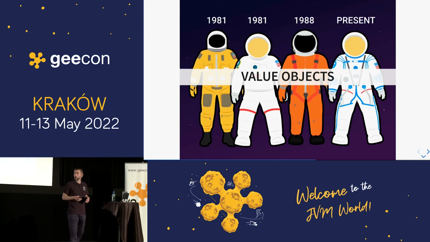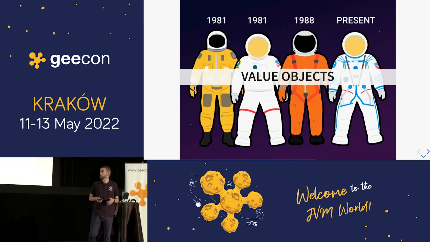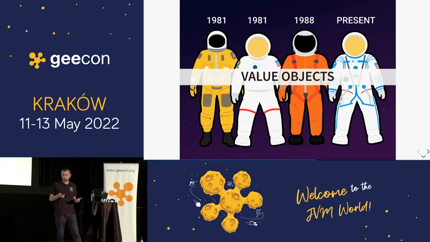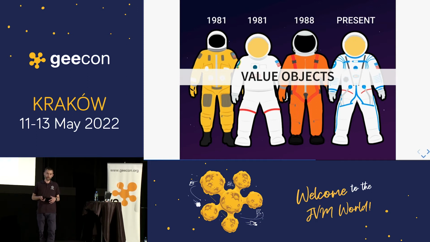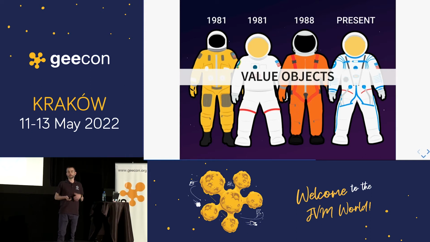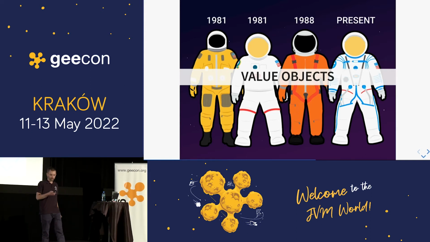Like in this picture, here we don't know who these people are. They don't have faces, they don't have name plates. So every orange guy here is the same for us, like a value object. The most popular value objects are money, colors, etc., as long as we don't want to keep the number of each coin in our system.